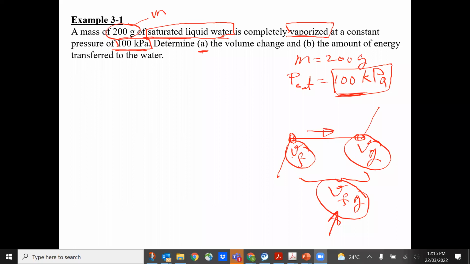If I multiply this by the mass, which is 200 given in the question, then I can get the change in volume, because VFG is in cubic meter per kilogram and the mass in kilogram. Then I can find the volume change in cubic meter, right? Any question? Clear?